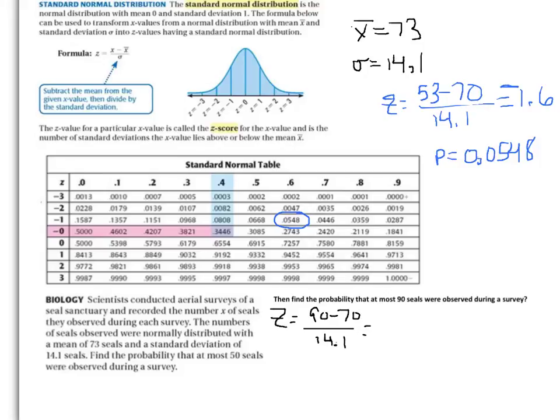So 90 minus 73 over 14.1, you get 1.2. So if I look at 1.2, I have 1.0, 1.1, 1.2. So the probability equaled 0.9192.